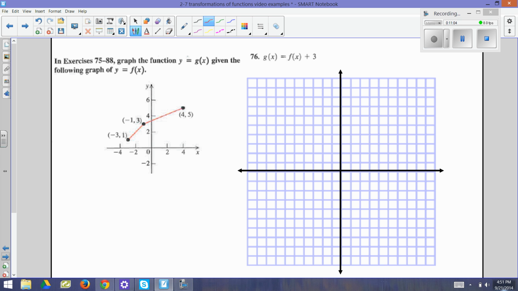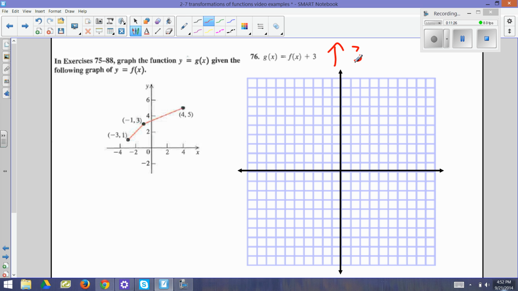The next one: graph the function y equals g of x given the function below, the graph that we have below the words there. So instead of f of x, I'm going to do f of x plus 3. That means I'm going to go up 3.